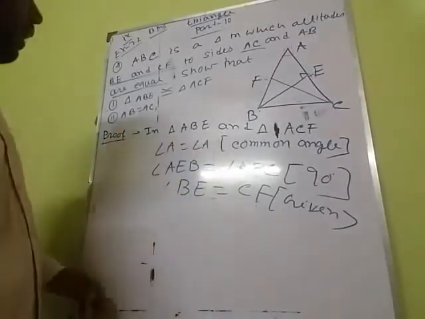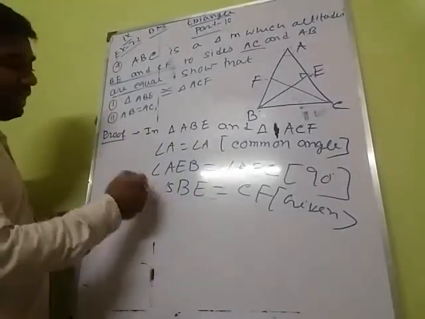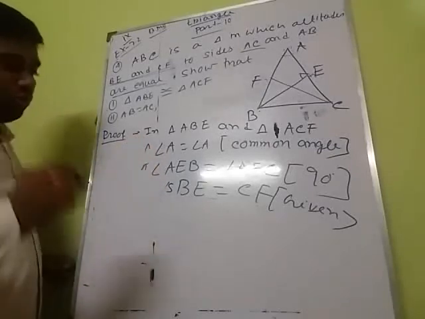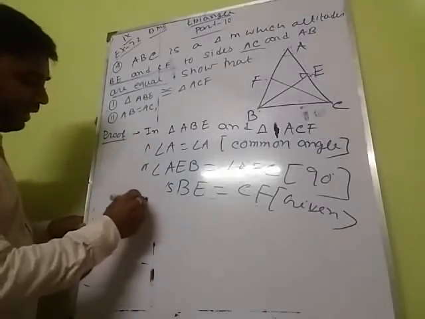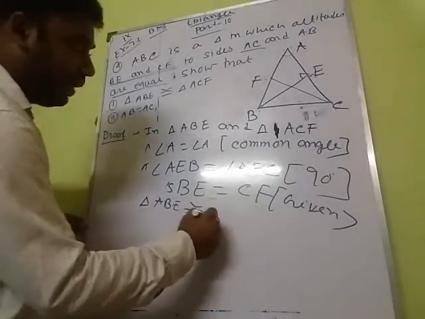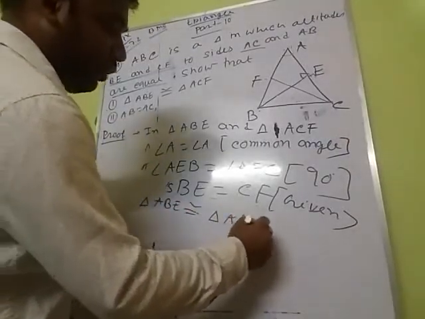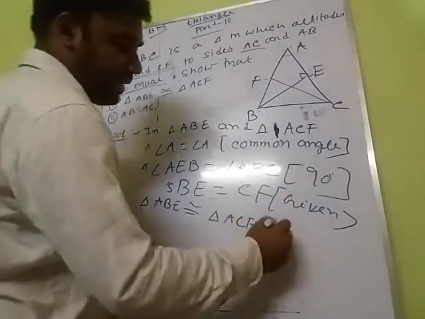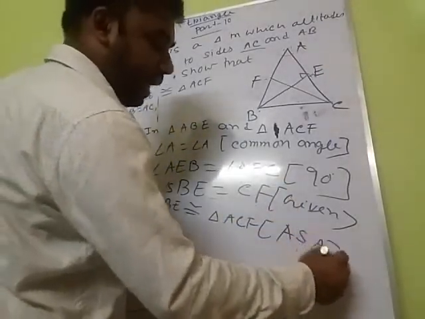Okay, so according to this, it is A, S and A, so we can say that triangle ABE is congruent to triangle ACF using the criterion ASA, angle side angle.